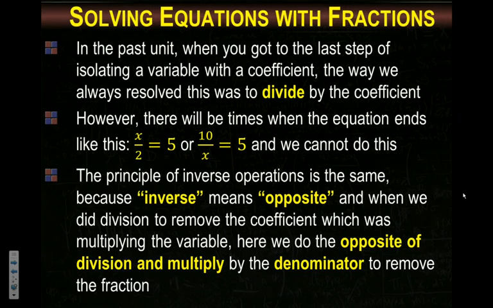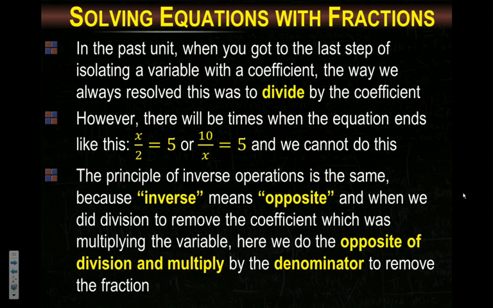When we had a coefficient multiplying a variable, we got rid of the coefficient by dividing by the coefficient. That was step 6. However, you're going to get times when you end up with stuff like this: x over 2 equals 5, or 10 over x equals 5. How do I solve that?